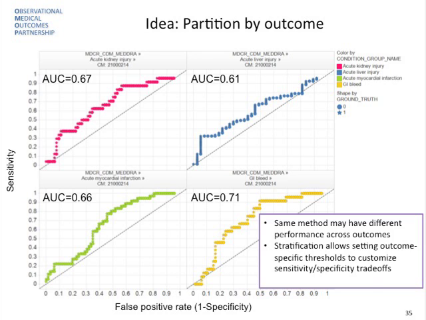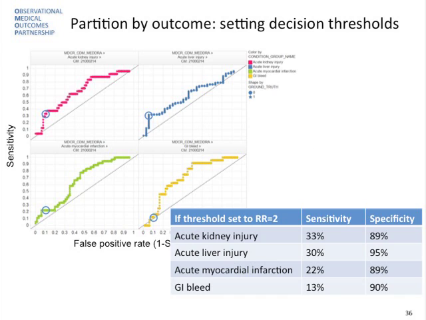So let me walk through this, just to focus on it. Now we can ask the question for each of these 4 ROC curves. Let me set a threshold of relative risk of 2, and we can evaluate the sensitivity and the specificity.